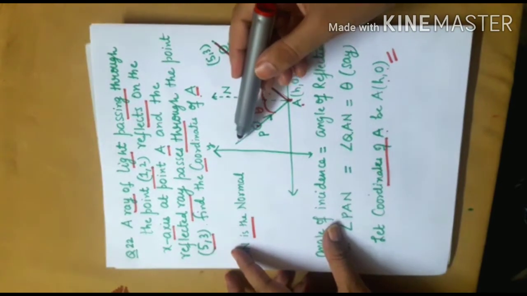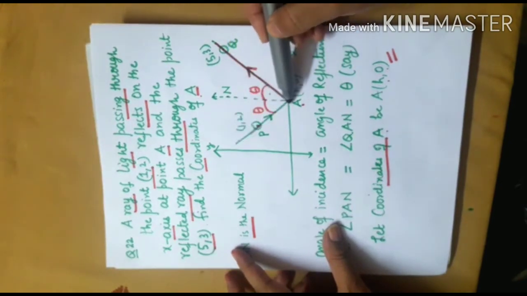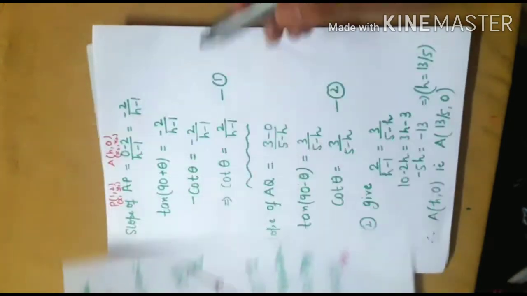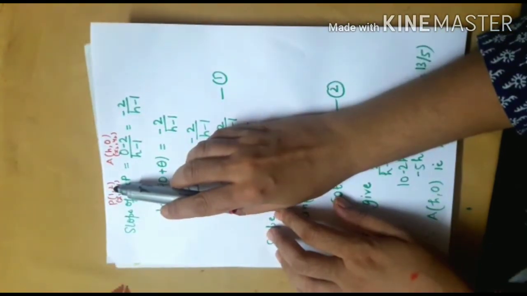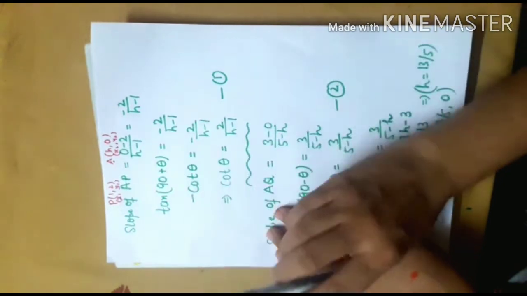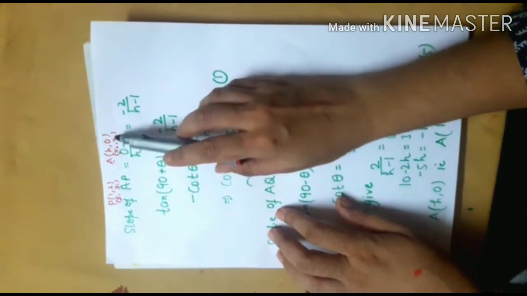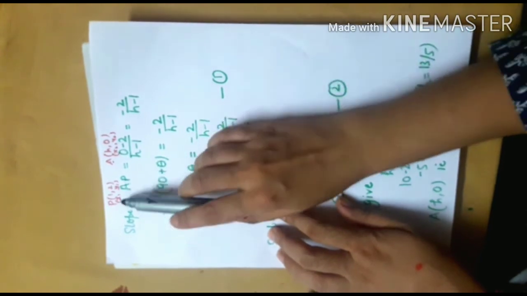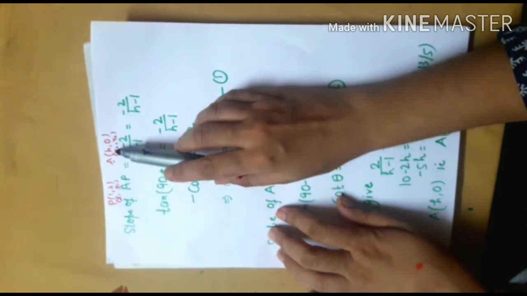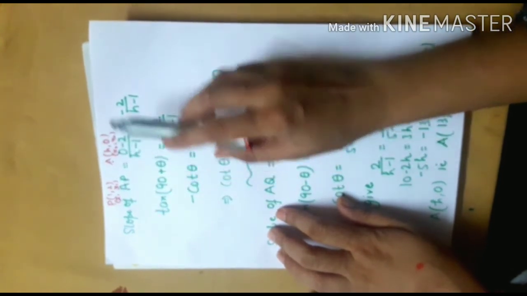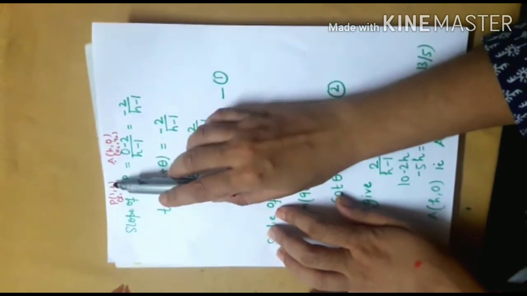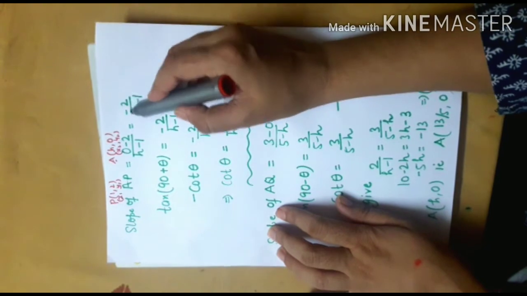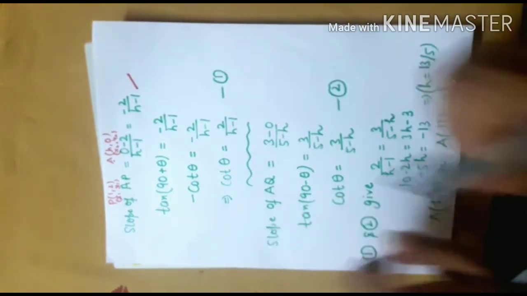Now I will find out the slope of this line, that is PA. Now P is (1, 2), A is (h, 0). Slope is given by (y2 minus y1) over (x2 minus x1). This is x1, y1, this is x2, y2. So slope will be (0 minus 2) over (h minus 1), that is minus 2 over h minus 1.